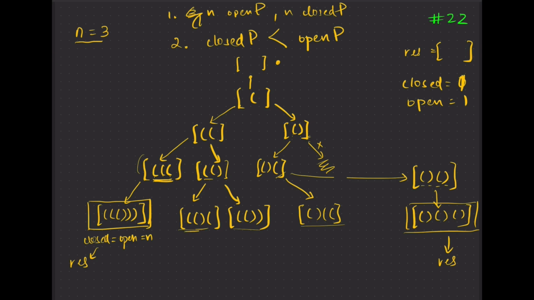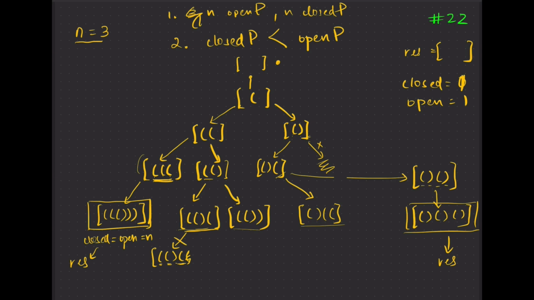Okay, now these three are our contenders. So for this one, a possible scenario is open, open, close, open, and we choose to close this, or we can open it. Can we open it? Let's check. Number of open is 2, number of closed is 1, number of open is 3 again. So we can choose to open one here, but then we can see that our number of opens is bigger than 3 now.